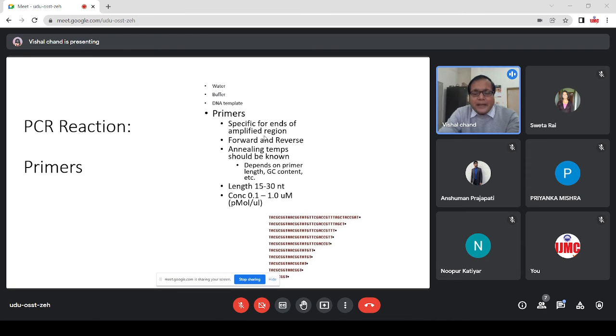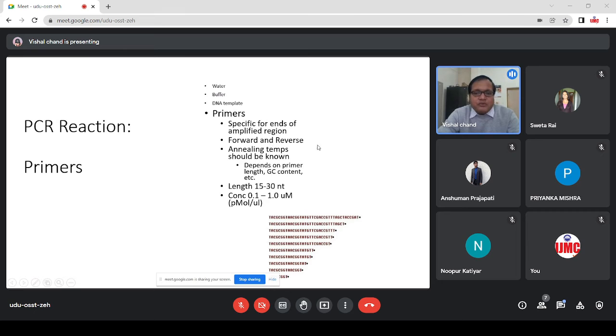For the primer, it is most important that if you want to do PCR of an unknown sequence, you can add your unknown sequence in between some known sequence, and then you can go for the PCR, because if you have a known sequence, the primers get attached to the part of that known sequence, otherwise not. And if there is an unknown sequence, you are unable to get the proper specificity of the region, so proper binding does not occur.